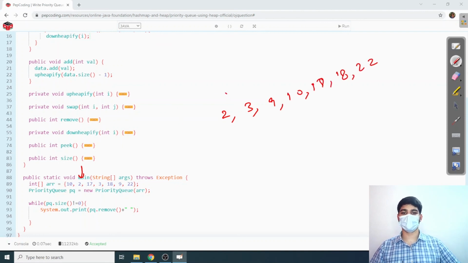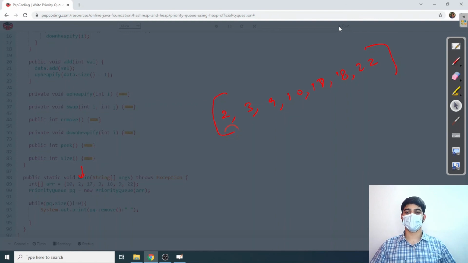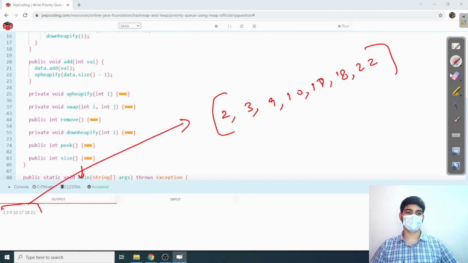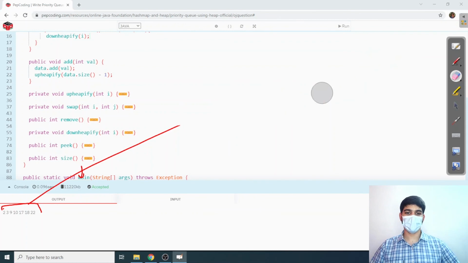This should be my output. So let's run this and see if it is correct or not. This runs, and we are getting the same output as over here. That means our priority queue is working just fine and our logic was also appropriate.